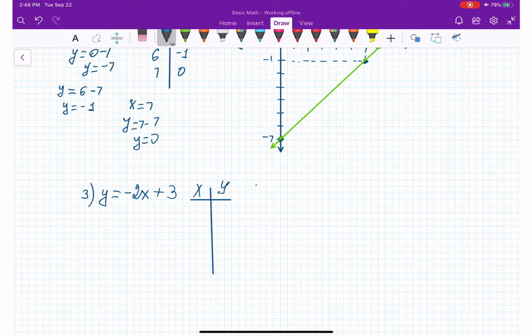X and y. Okay, x is 0. If x is 0, how much is it going to be? Let's see. Y is equal negative 2 times 0 plus 3. So this is going to be 0, right? So y is equal 3. Yes? Okay. Next.